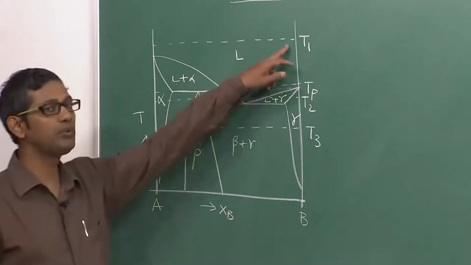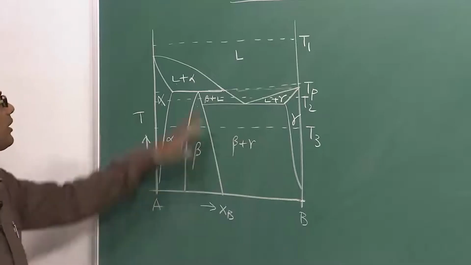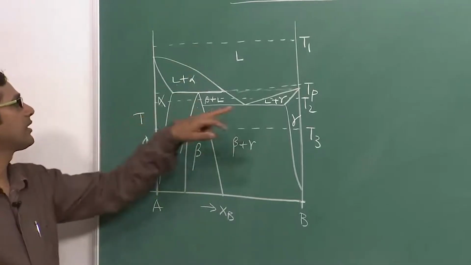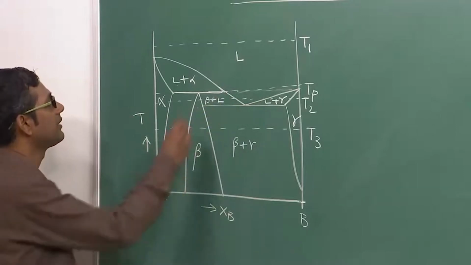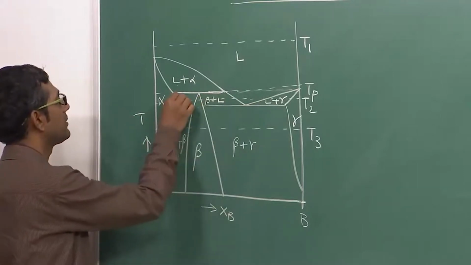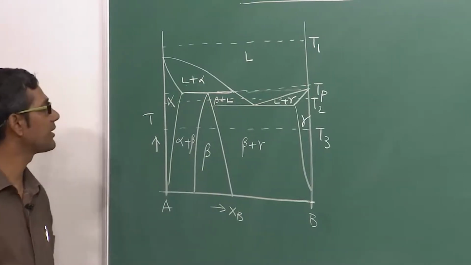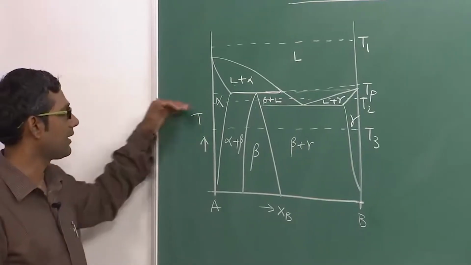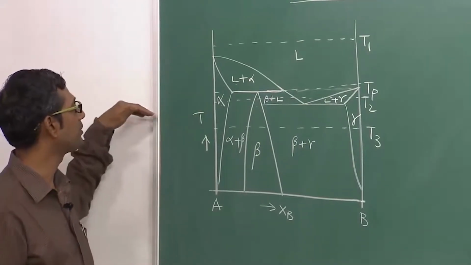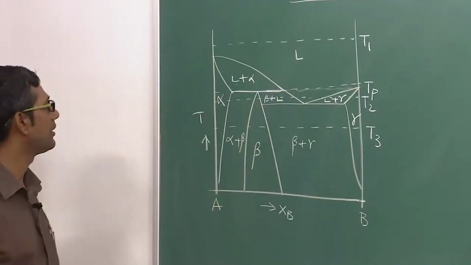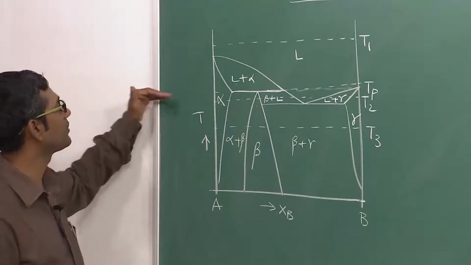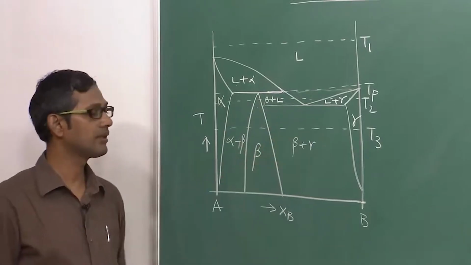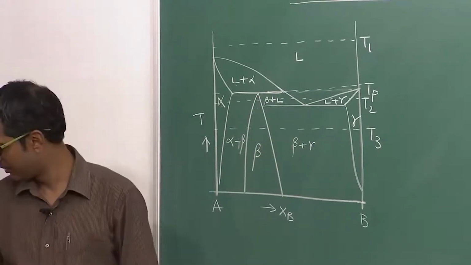At temperature T1 it is very clear, liquid is stable, other phases are not stable at all. Then at T equal to Tp, the peritectic reaction temperature, at which the peritectic reaction takes place. Then at temperature T2, the temperature line passes through a lot of phase fields, and finally we will take another at temperature T3. Okay, let us draw that.